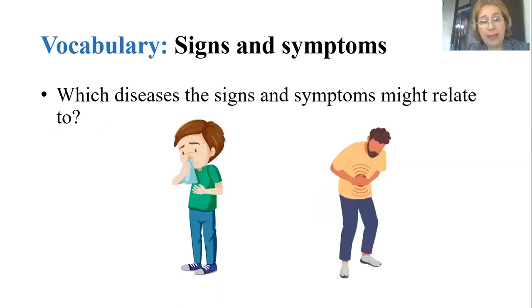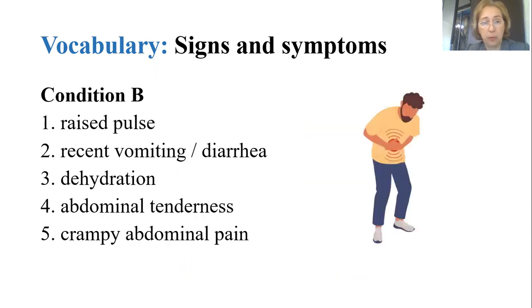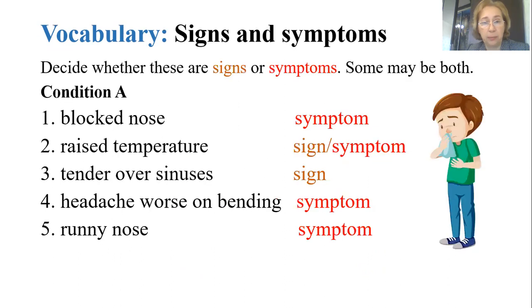The question: which diseases might the signs and symptoms relate to? I mean, condition A and condition B. What is the disease? Yana, condition A. You as a doctor, how can you understand what's wrong with the patient?